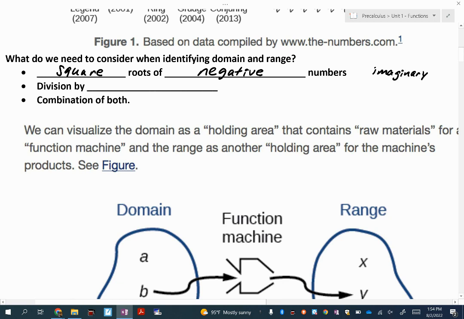All right, and then you also want to be worried if you see division and your variable in the denominator, because you want to make sure that you're not dividing by 0. So division by 0 would be something that would worry you, okay?